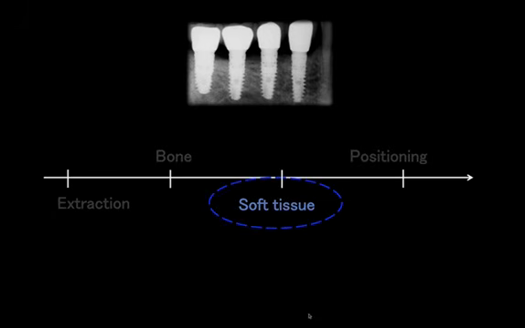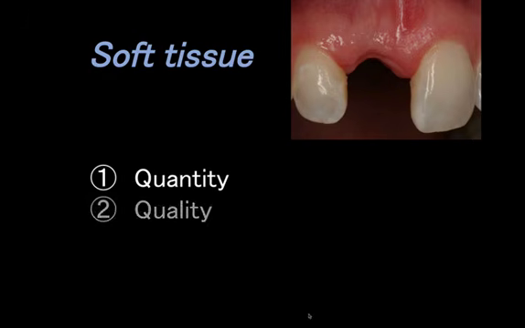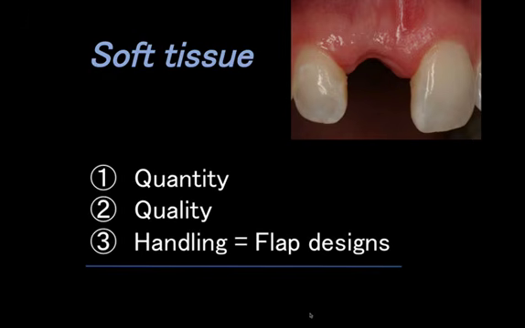Now, this presentation focuses on only one aspect of the soft tissue. And when we talk about soft tissues around implants, you'd like them to be in good quantity and quality, but also develop surgical skills that will allow you to handle the tissues carefully, and good flap design is part of it.